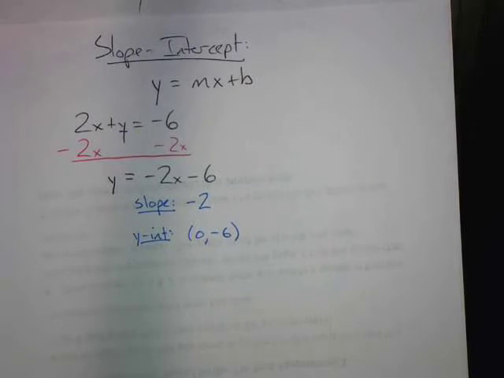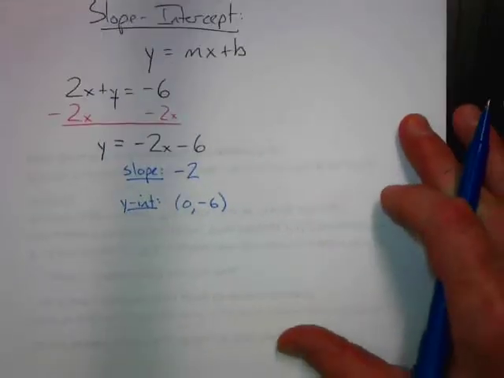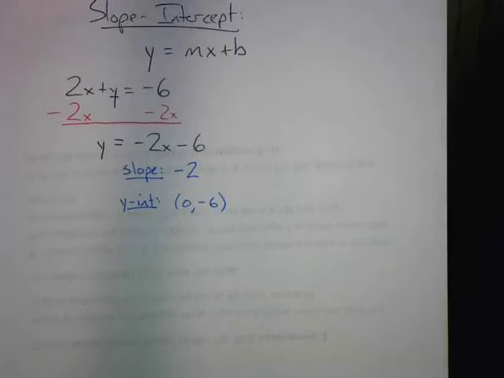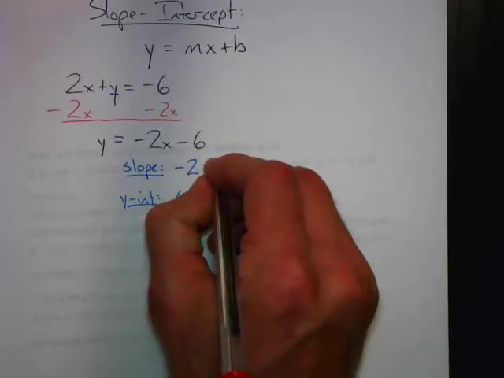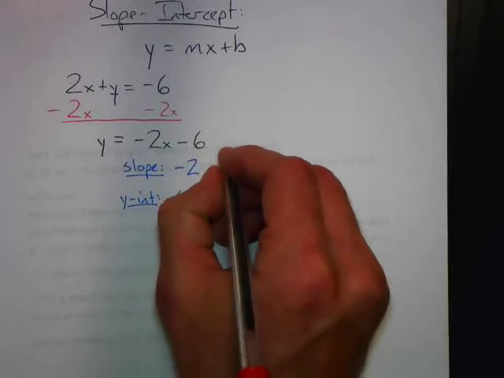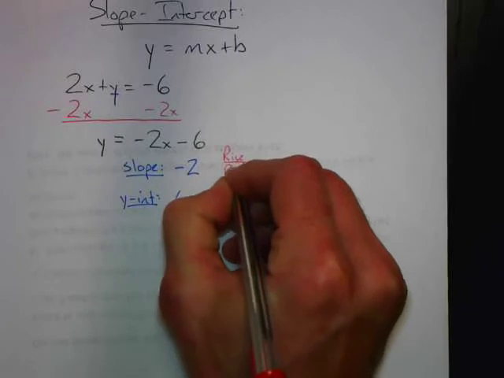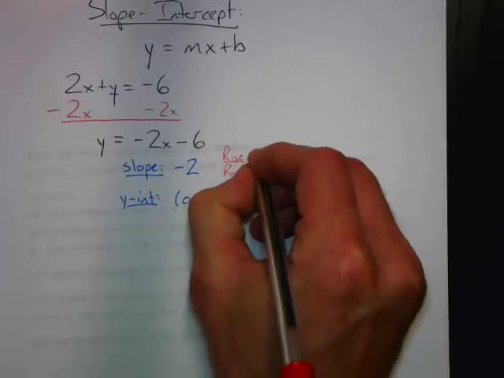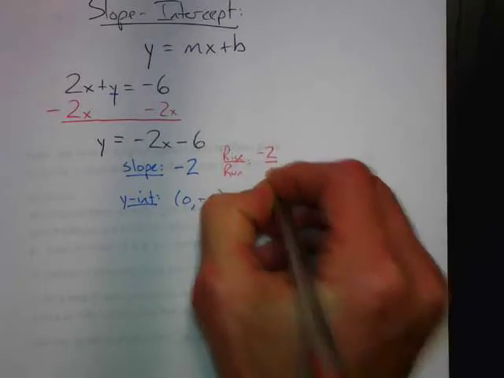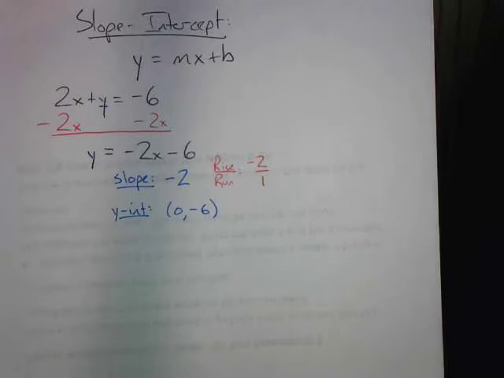Here's what we can do. In a previous lesson, we talked about slope, and I asked you to describe it. So we're going to describe a slope of negative 2. As you remember, slope being rise over run would be negative 2 over 1. How can you describe a slope of negative 2 over 1?